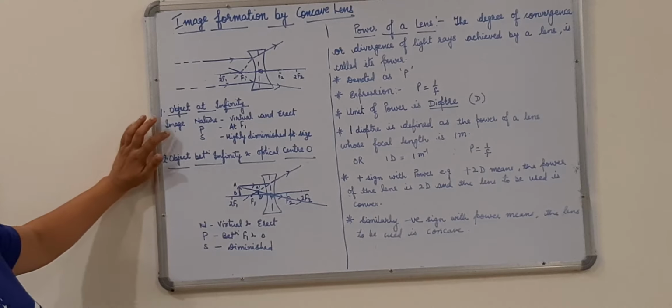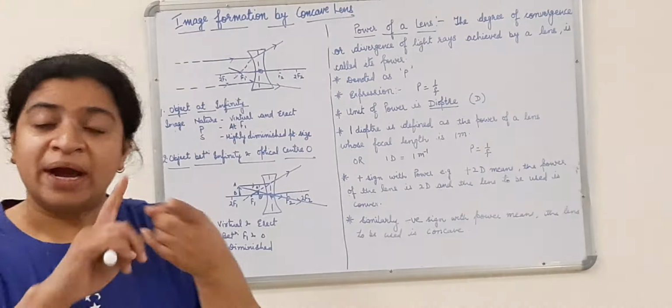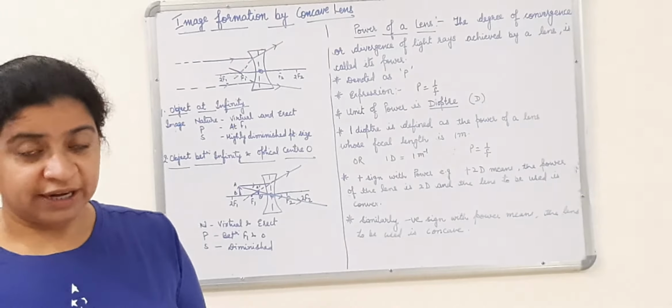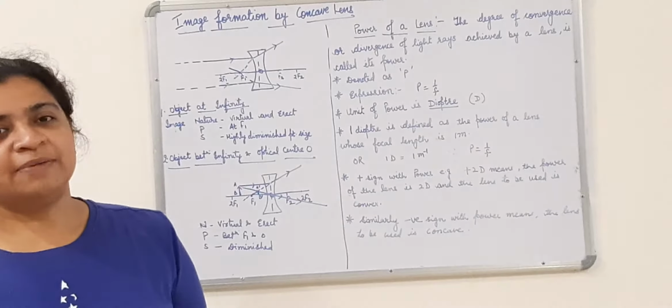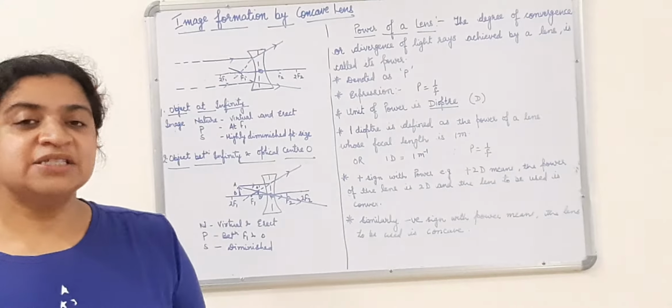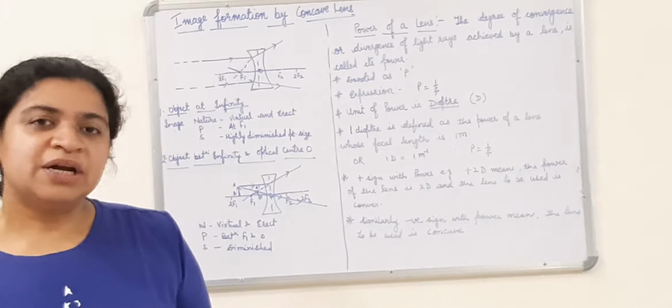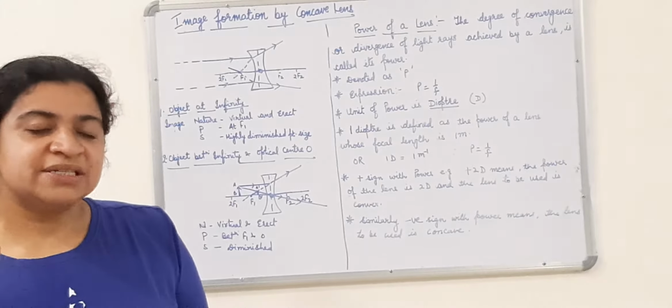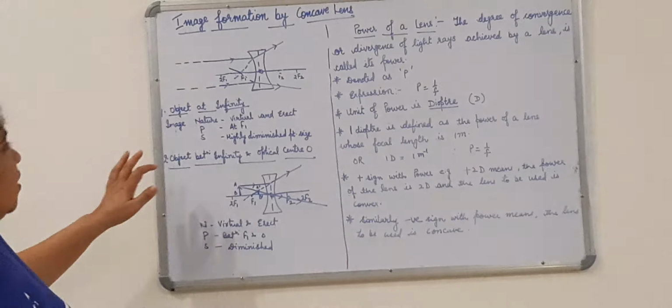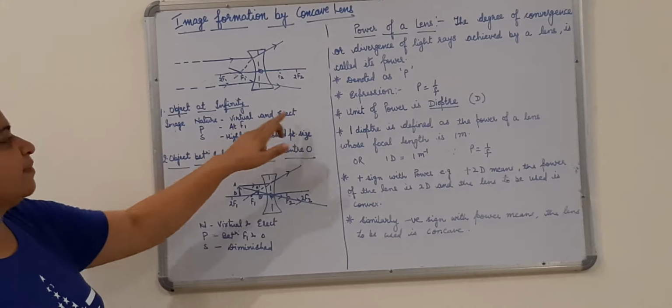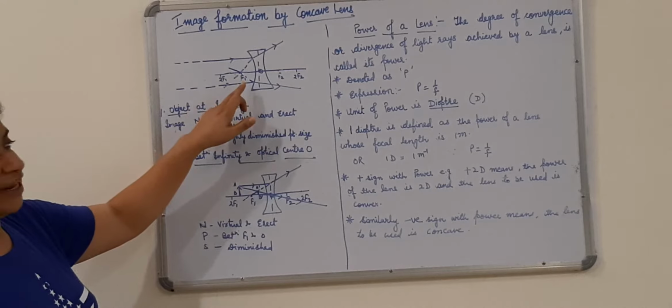Which type of image is formed here? Because no actual intersection of light rays has taken place, the image formed is virtual. And we also know that virtual images are always erect. So virtual and erect images are formed in case of concave lens.